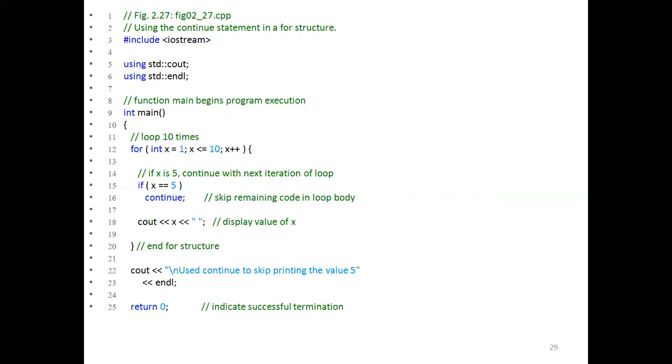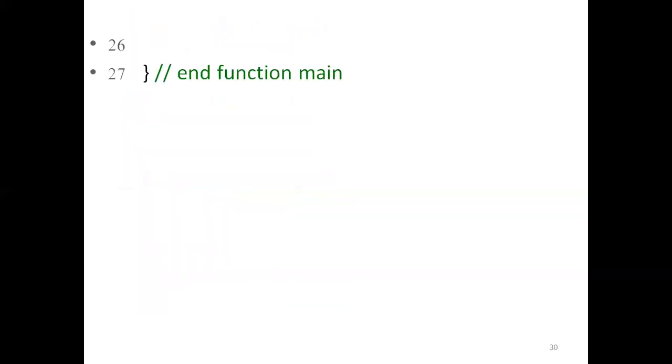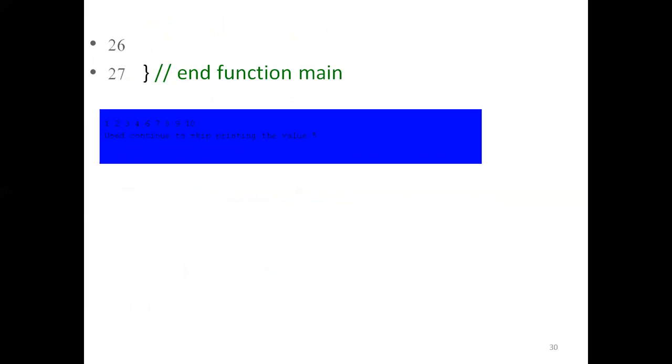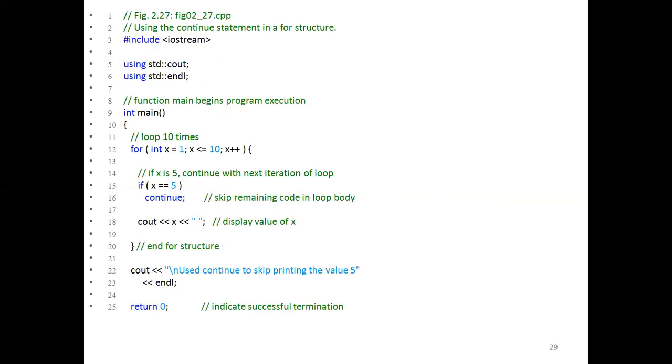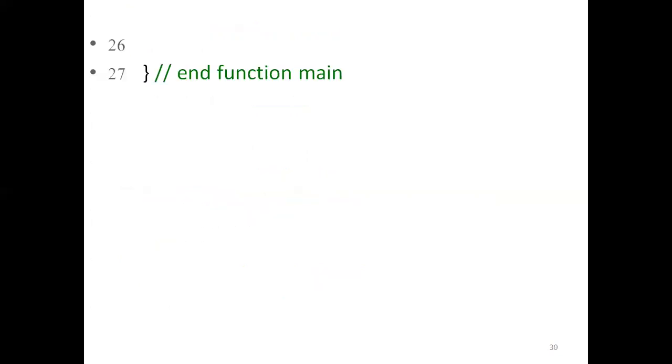It means it skips that one step. So the result is 1, 2, 3, 4, but without 5. They skip the one loop because of the continue statement. But break will terminate the whole iteration.